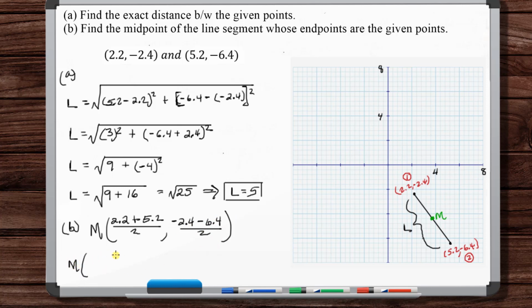Okay, so 2.2 plus 5.2 is 7.4, and then minus 2.4 minus 6.4 is minus 8.8.